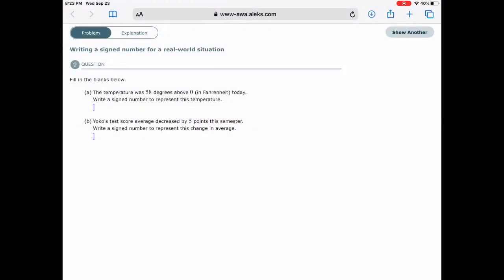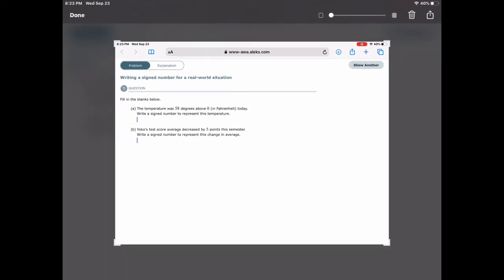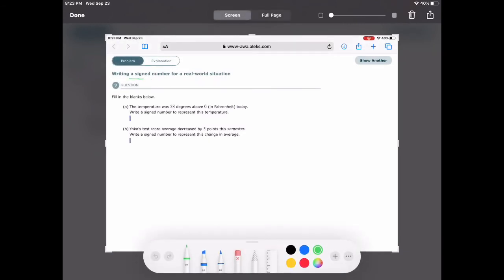Okay, let's talk about writing a signed number. That means it's going to have positive or negative, plus or minus, for a real world situation. So the temperature was 58 degrees above 0 in Fahrenheit today. Write a signed number to represent this temperature. Well, above 0 is positive numbers, and below 0 is negative numbers.